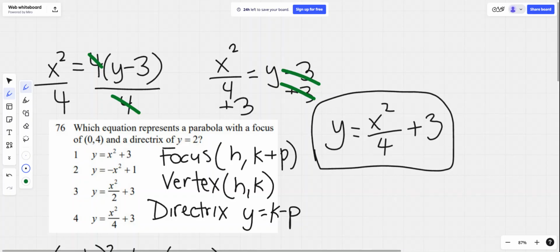It seems like we have this answer in our answer choices. Choice 4 to be precise. Y equals x squared divided by 4 plus 3 is the answer. Thank you, and I hope you learned a lot about focus and directrix.